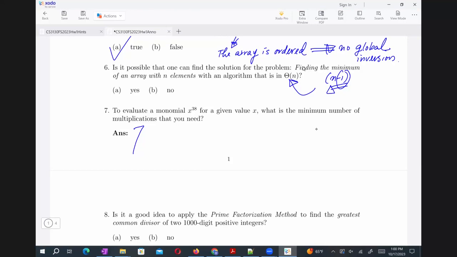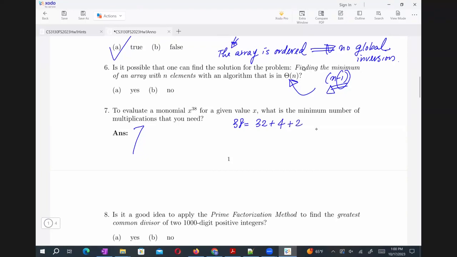Repeated square. We try to use powers of 2 to write this number 38. 38 equals 32 plus 4 plus 2.